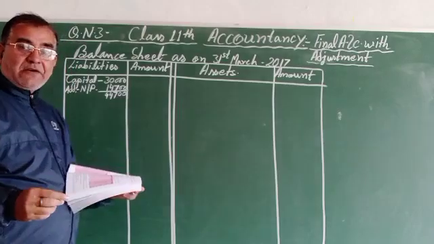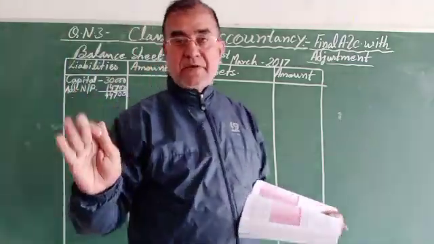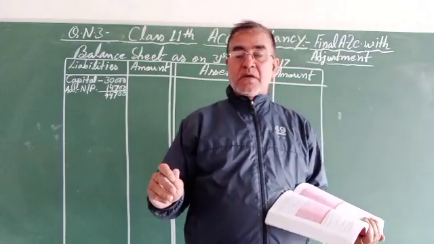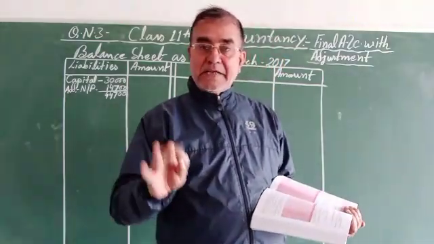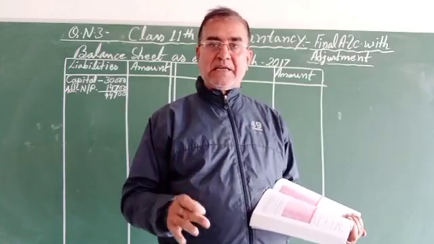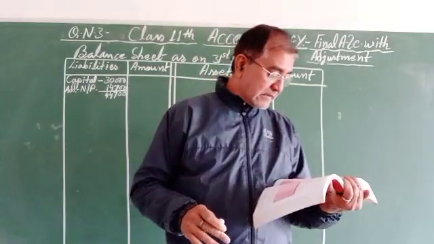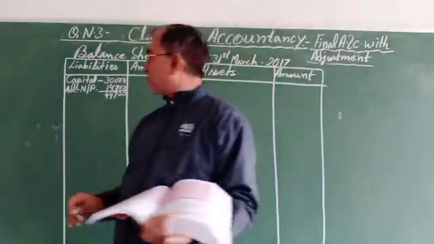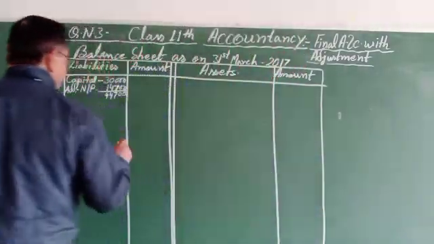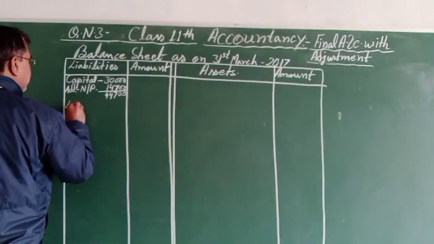And drawings given. Drawings refer to such amount which has been used by the proprietor for his personal use. Whatever the drawing made by the proprietor, that is given 5,000. So the drawing will be deducted from capital, so the capital decreases.